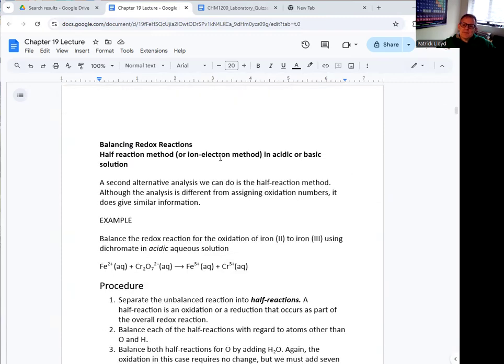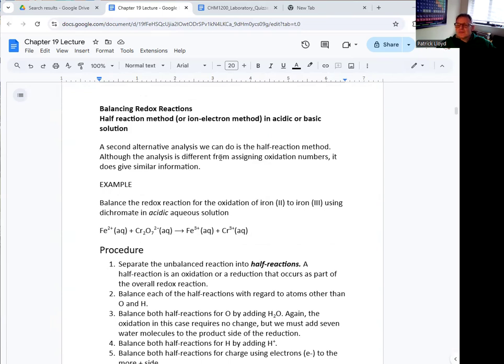And then some methodology of balancing redox reactions, either in acidic or basic solutions. So many redox reactions really require either that the solution be acidic or the solution be basic, one or the other. And that leads to some challenges in terms of how we balance the chemical equations because we have to take the acidity into account.